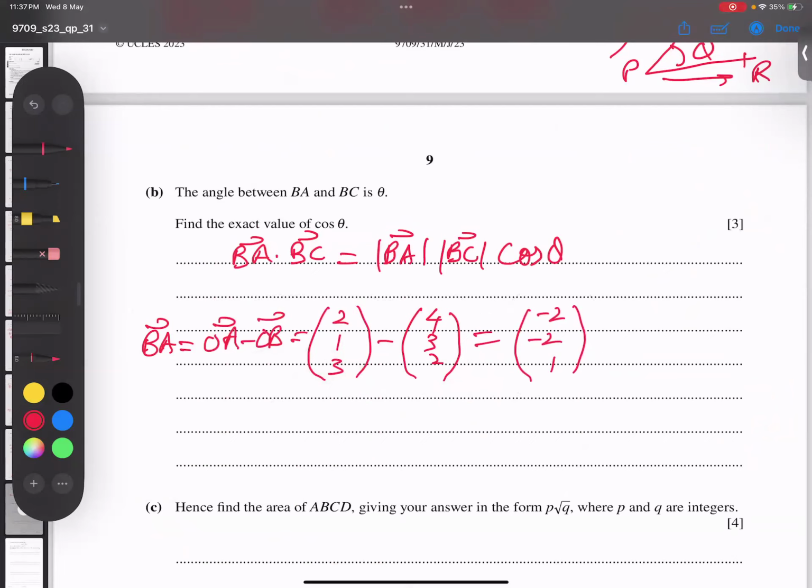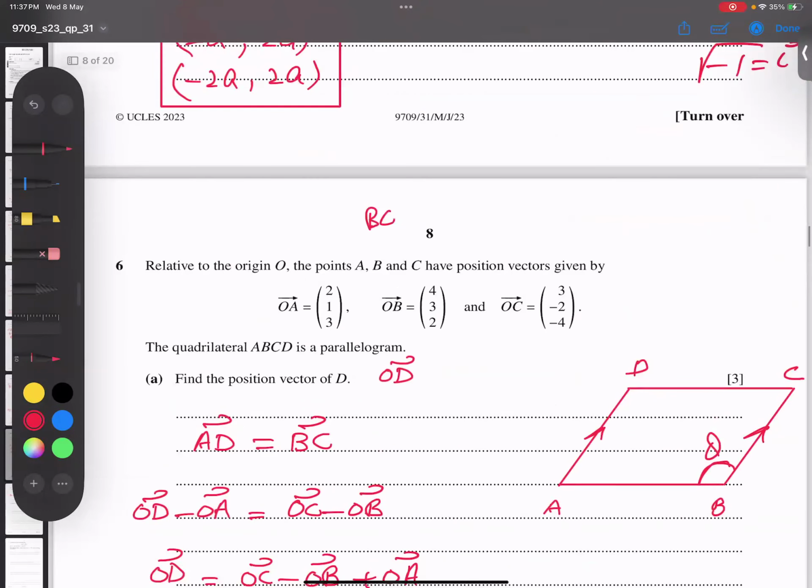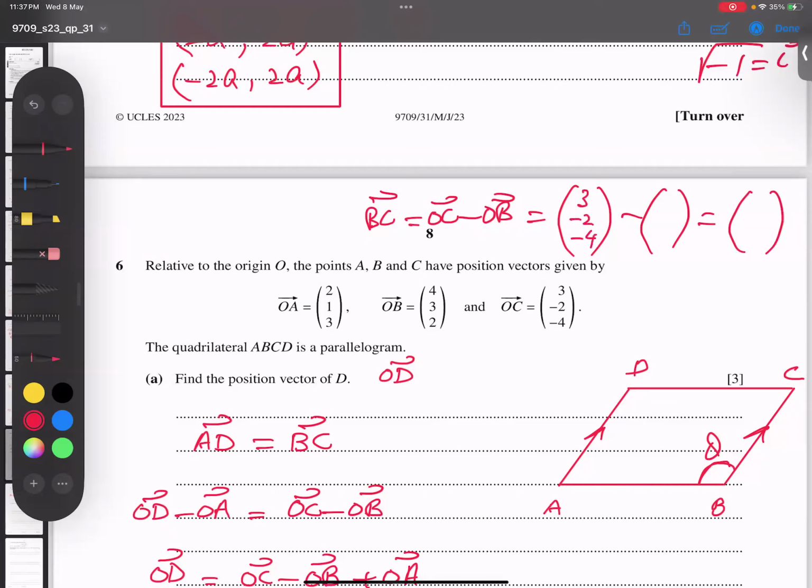Let's do the same process. I will go for BC. So let's go for BC. OC minus OB. OC here, OB here, and this is the answer. OC is what? 3, -2, -4. OB is what? 4, 3, 2. 3 minus 4 is -1, -5, -6.